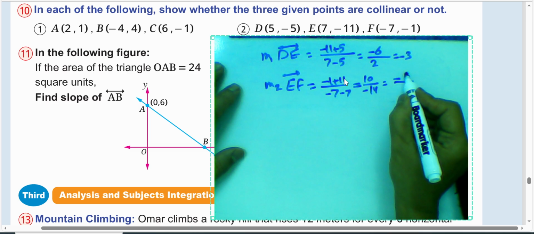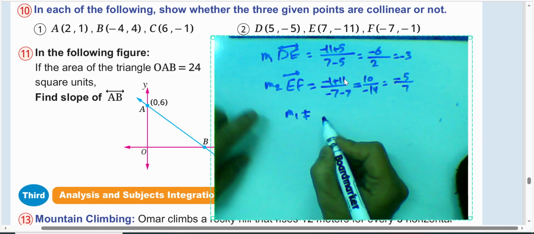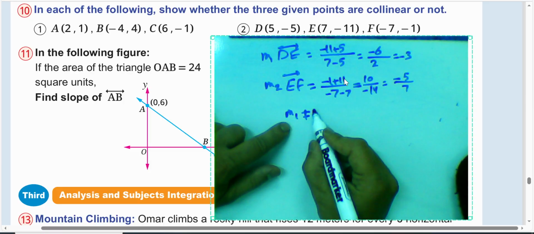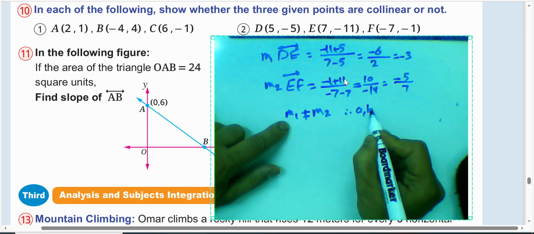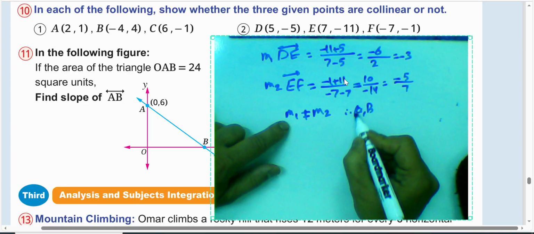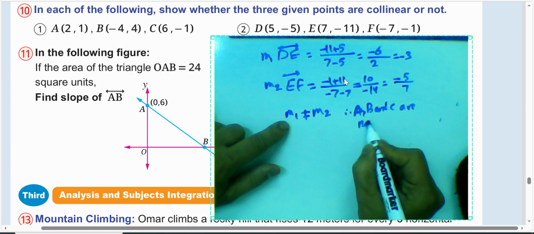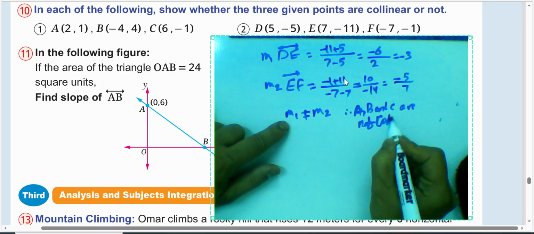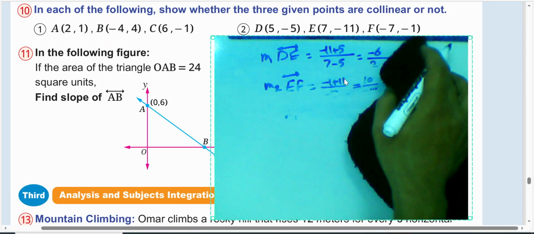The result will be negative 5 over 7 after dividing numerator and denominator by 2. Note that slope 1 is not equivalent to slope 2, then A, B, and C are not collinear, because slope 1 is not equal to slope 2.